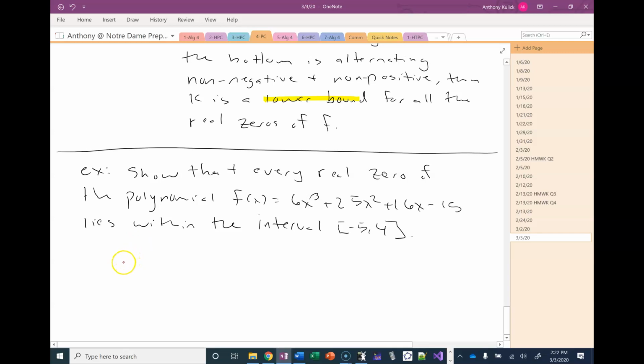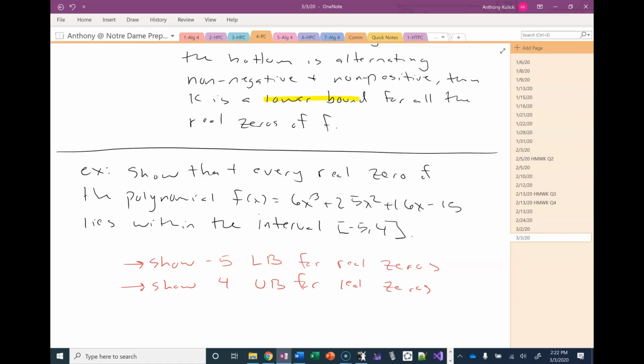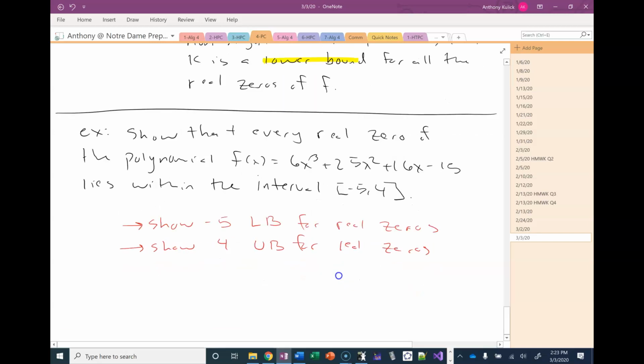So in other words, what this means is show -5 is a lower bound for the real zeros, and that +4 is an upper bound for the real zeros. That would tell us that all the real zeros need to be between -5 and +4, if I can do that. How do I do this?